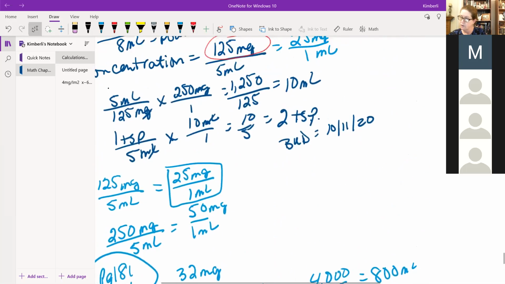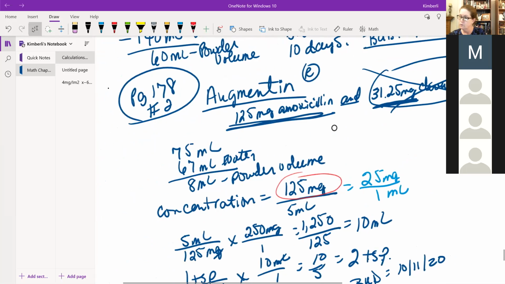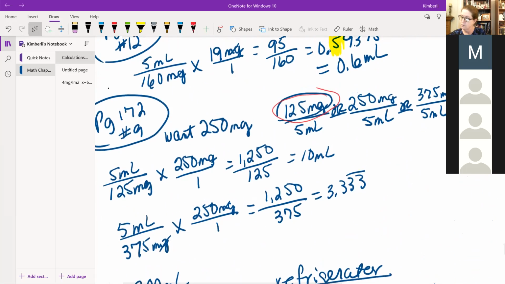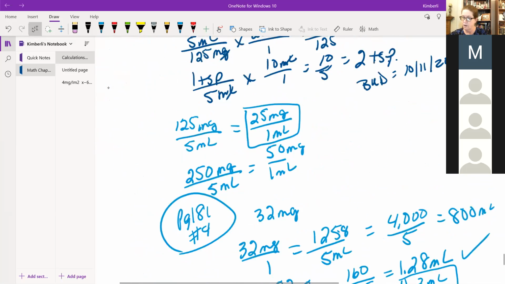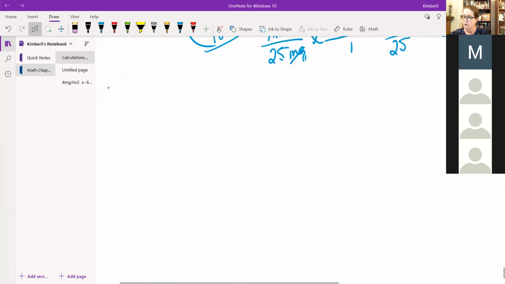And then you had to calculate based on which one you were using. It was this one. You had 125 milligrams per 5 mLs, or 250 milligrams per 5 mLs, or 375 milligrams per 5 mLs. Well, your chapter 10 also does that. On page 196, it's giving you 3 different strengths to calculate there as well.